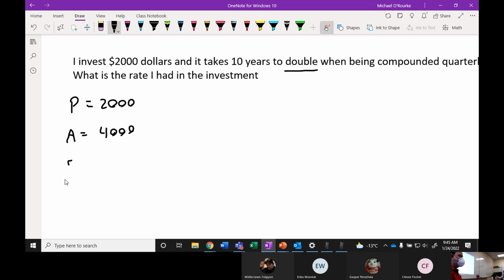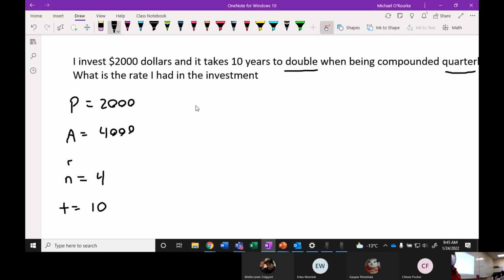I don't know my rate. What's my end this time? Compounded quarterly. The next question I will be able to do. This one has a couple more algebra steps.